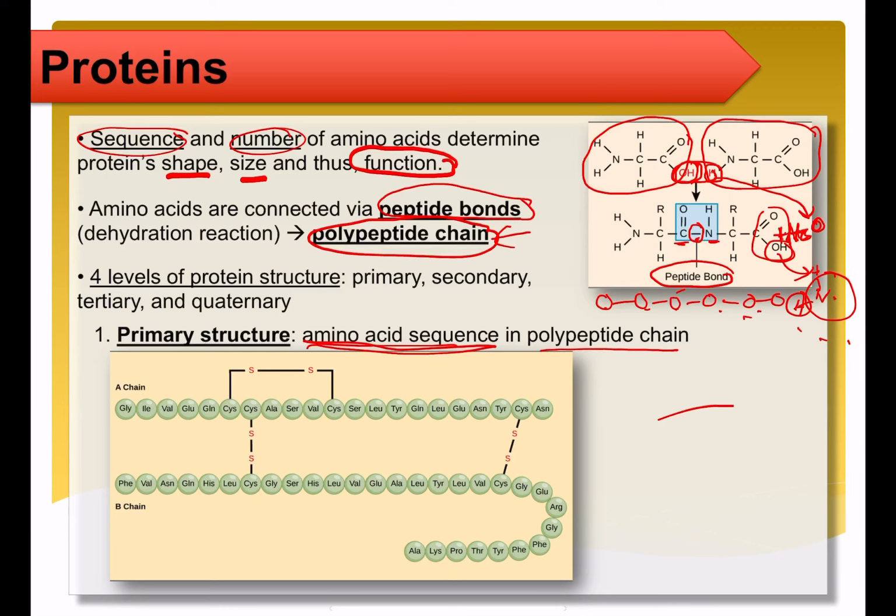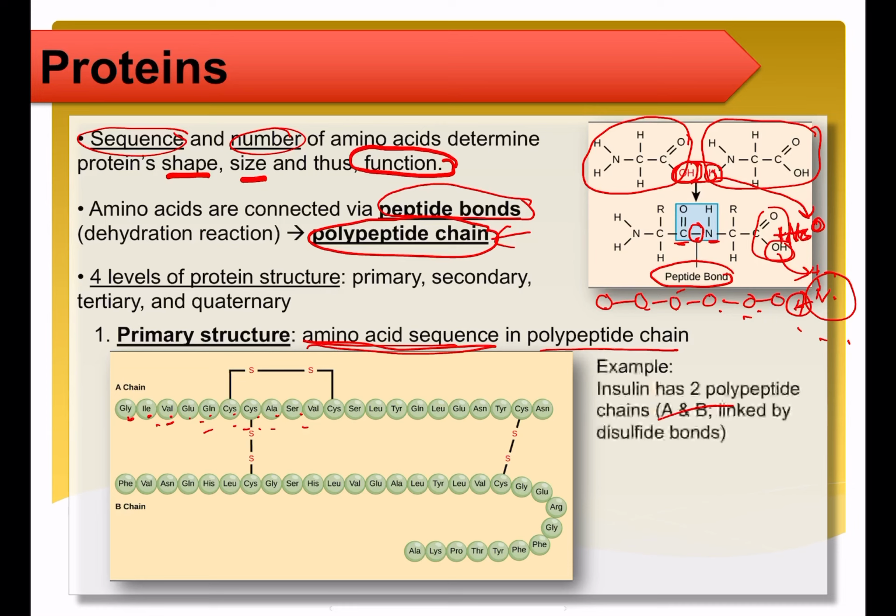They kind of look like beads in a necklace, and each one of those beads represents one amino acid. So that's why there are all these little 3-letter abbreviations. These 3-letter abbreviations stand for that particular amino acid, and we have 20 of them to choose from, and different proteins will be comprised of different amino acids.